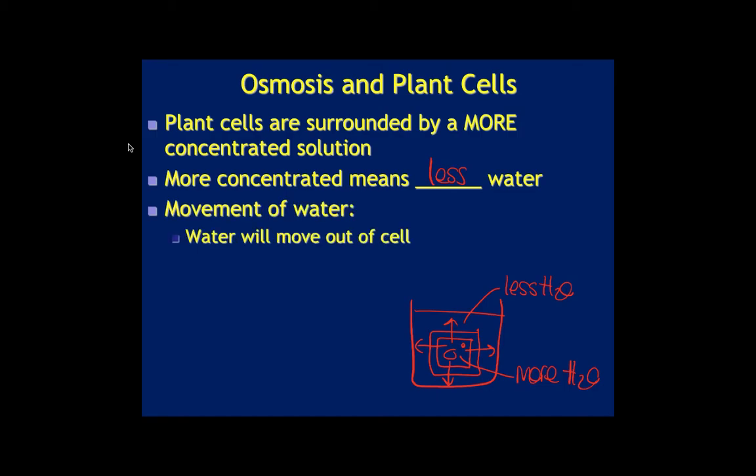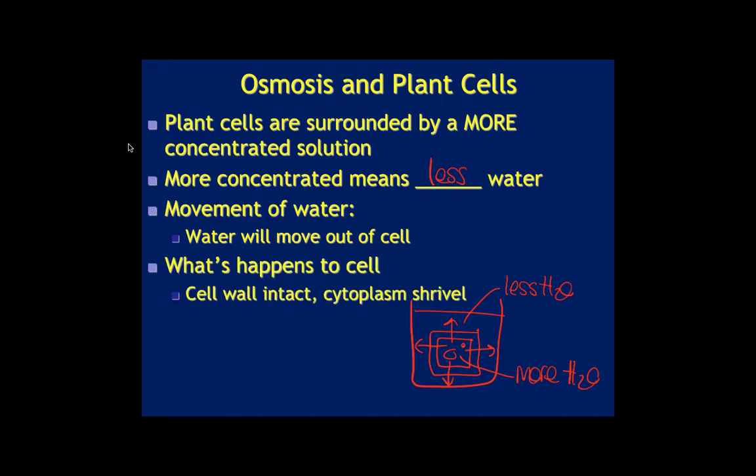Whereas in the animal cell it shriveled and died, this isn't what happens now. The cell wall will stay intact, that's not going to shrivel, but the cytoplasm itself will shrivel. You can actually see this if you have red onion cells and you put them in salty water and look under a microscope. So our cell afterwards, what would it look like?